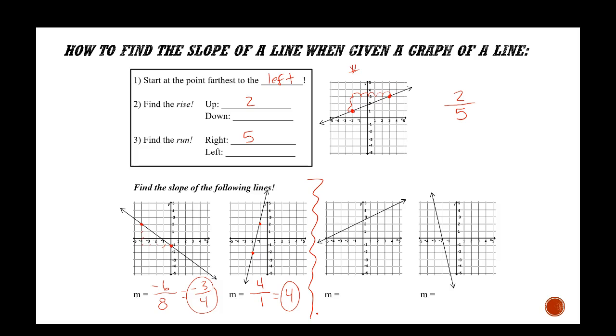All right, so I'll go ahead and help you with the dots. Go ahead and find, and you can pick your own dots if you really want to, the slope of these two. So pause it, try these two last ones, and then hit play and see if you can get them correct.